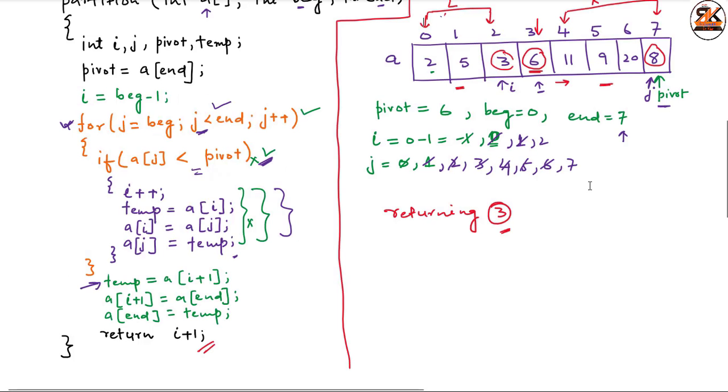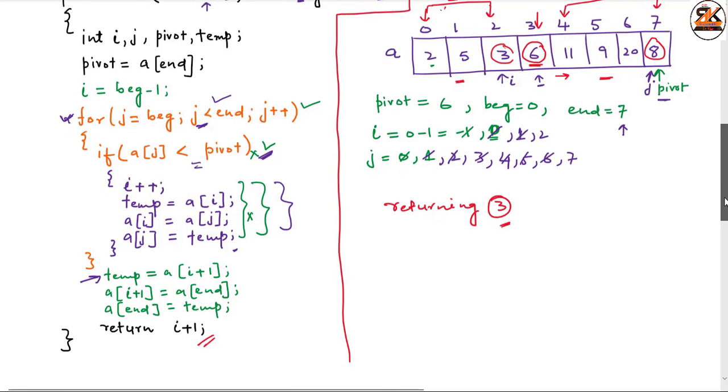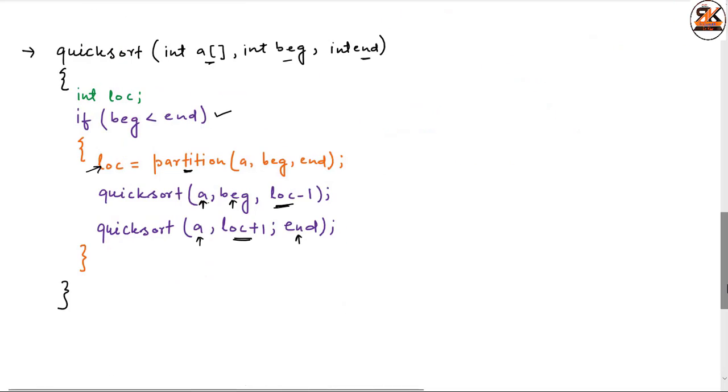From this partition algorithm, what we have seen is that after the first iteration it returns the value 3, which indicates that the pivot element is placed at its appropriate place, that is index 3. Now when the function calls itself again, let me write the same array here. After the first iteration, we got this array.